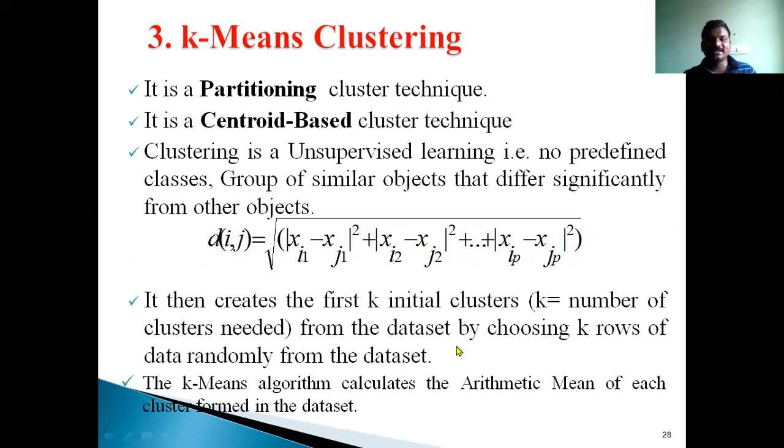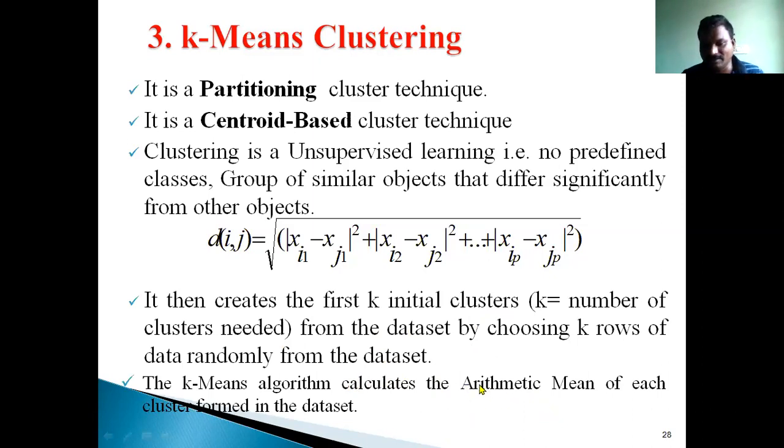First it creates the k initial clusters. The number of clusters needed from the data set is obtained by selecting k rows of data randomly from the data set. The k-means algorithm calculates the arithmetic mean of each cluster formed in a data set.